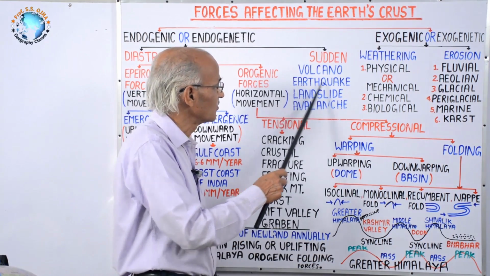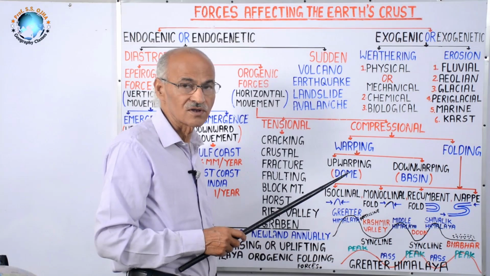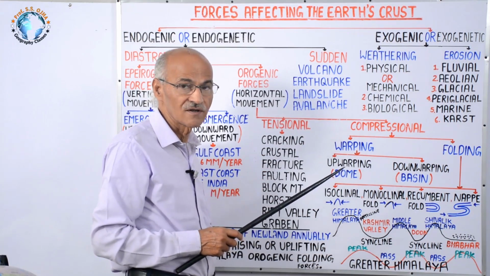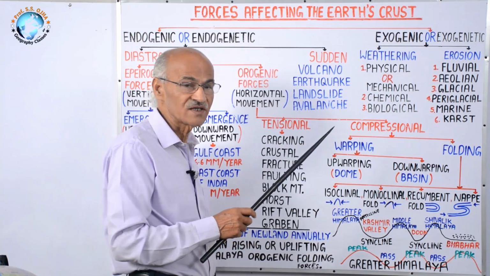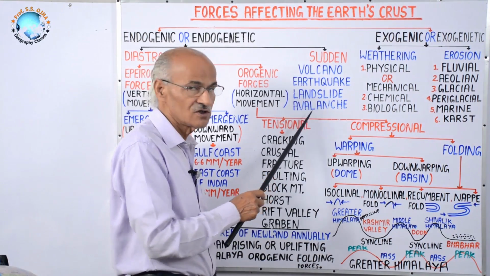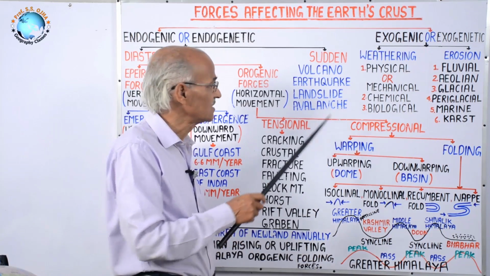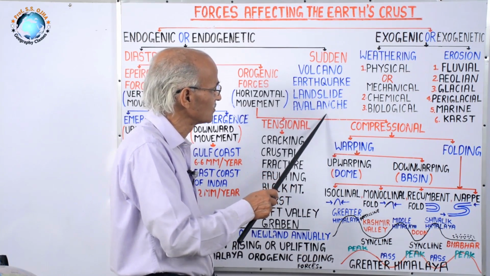Then these should be put in the exogenic force category. But why here in endogenic? Because in the earth movement chapter, we had studied these two as the result of exogenic force. But here, why in endogenic force?